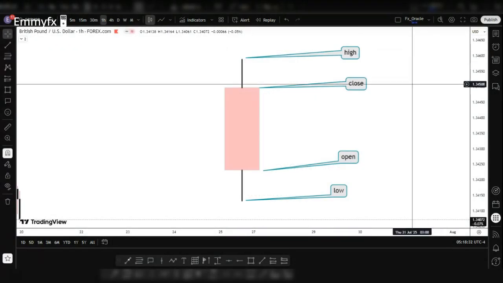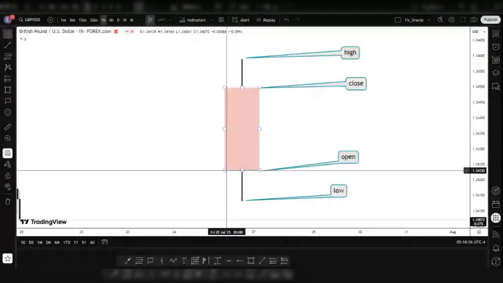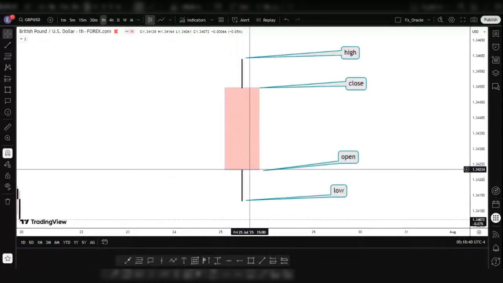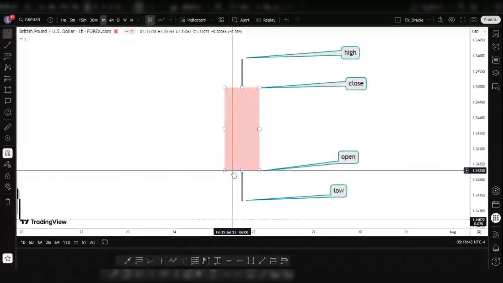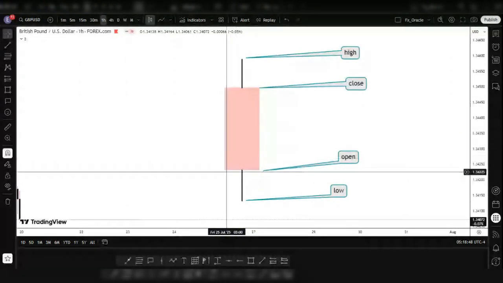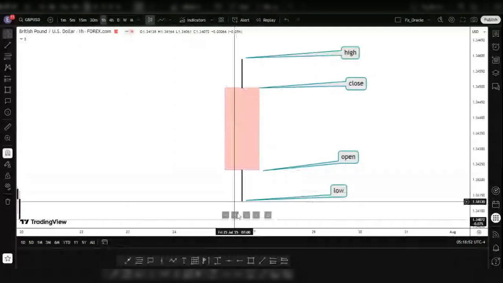Since the candle opened at the low, started buying, and then closed above its opening price, which is this point where the body starts, it is therefore known as a bullish candle.